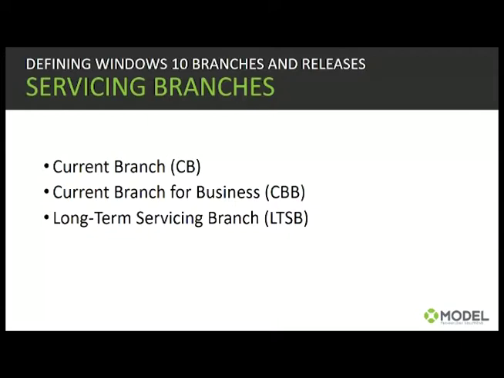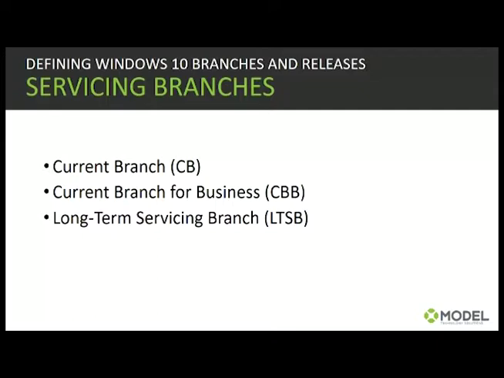The benefit to this model is basically it's a flag in the computer to say defer updates and upgrades. And it's either enabled in group policy or something like Intune or SCCM. That's where you say that if you defer those upgrades, you're basically putting it in current branch for business mode, okay? So you want to think about those and how they apply to your business from an operational standpoint.